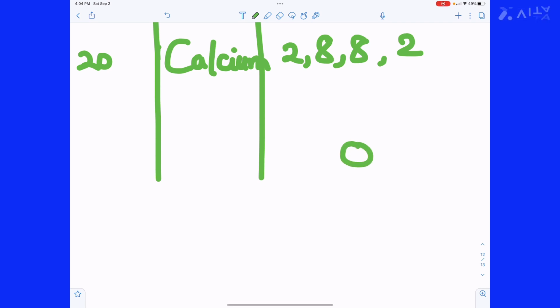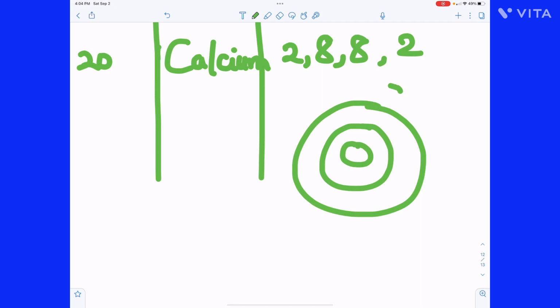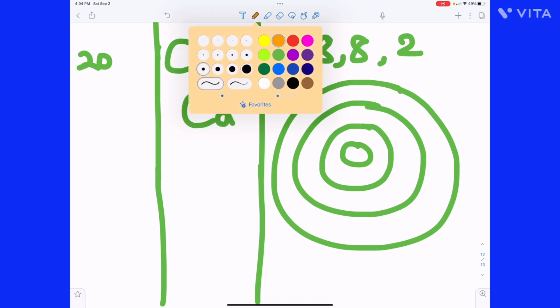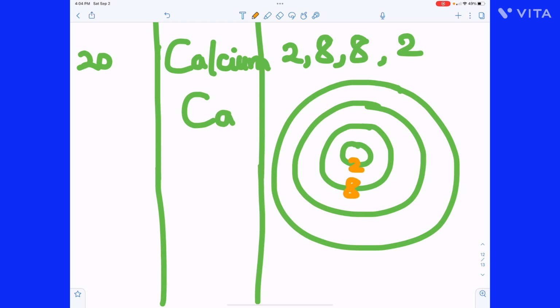The normal thing would have been to fill the 10 electrons into the third shell. You understand? Calcium is Ca. The usual thing would have been to fill 2, 8, and 10. But we don't do that because of the exception. It is only 8 that go into the third shell.